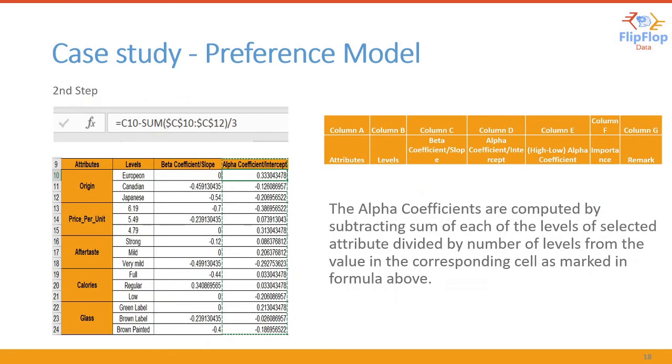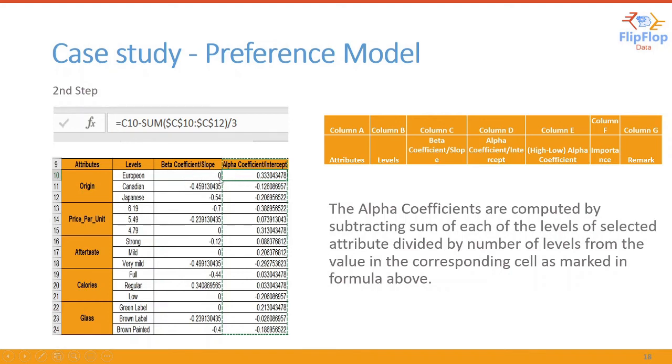Second step again is calculating the alpha coefficient based on the beta coefficient. So how do we do that? Alpha coefficients are computed by subtracting the sum of each of the levels of the selected attribute divided by the number of levels from the value in the corresponding cell, as marked in the formula above. So let me explain this.